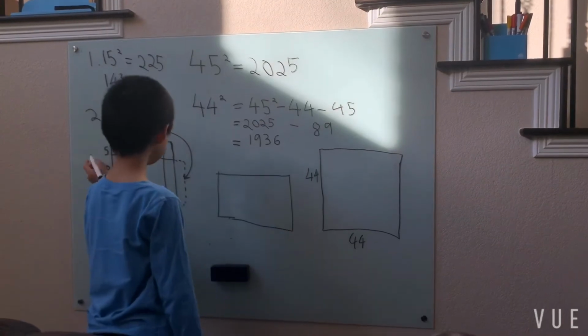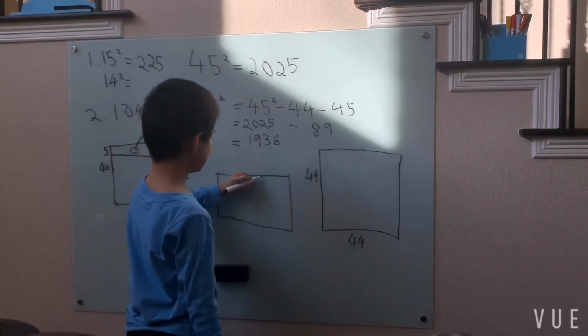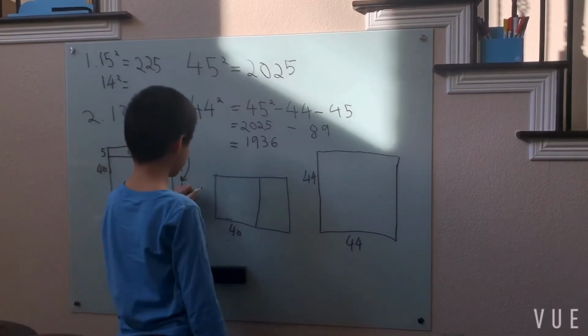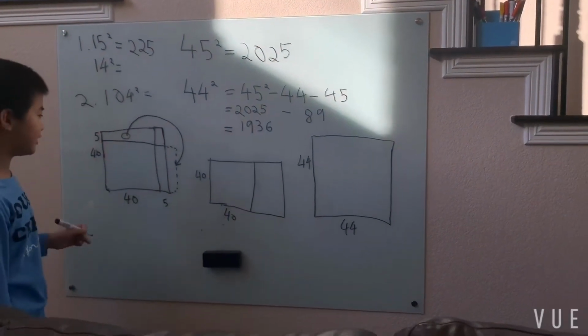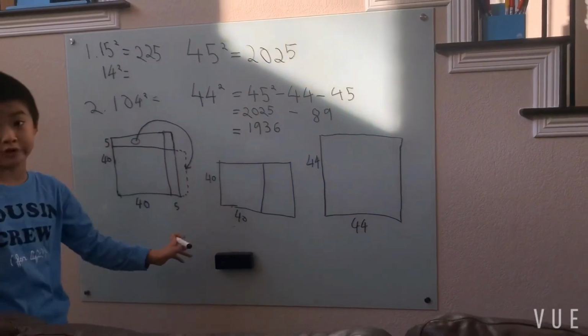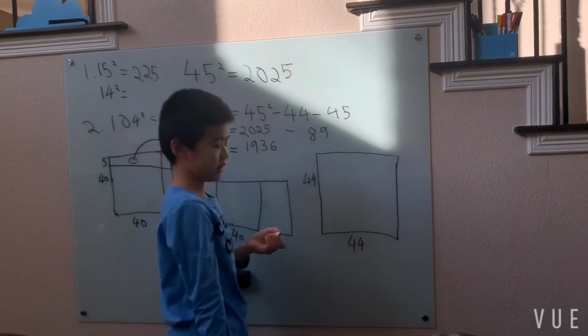So I still have my 40, about 40. This 40 is still 40. We didn't change the side lengths. Another thing, the perimeter does change, I think, since here it only shows 2 side lengths, here it shows 3. The perimeter does change a little bit. Still, we care about the area, not the perimeter.